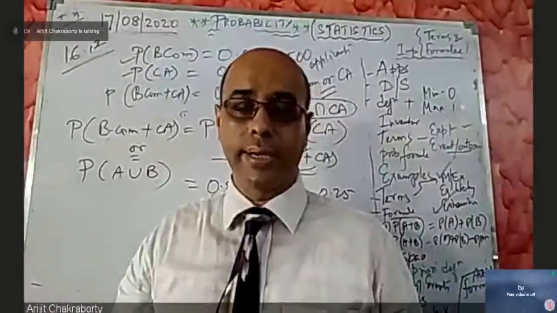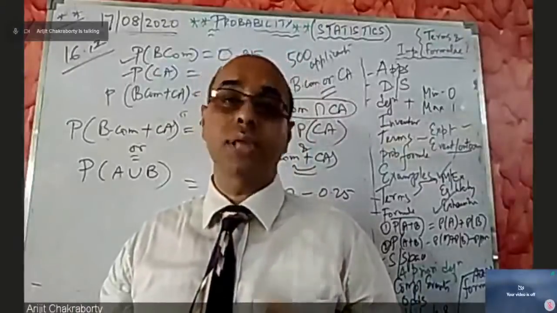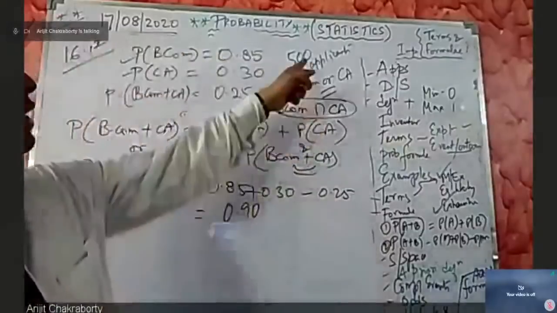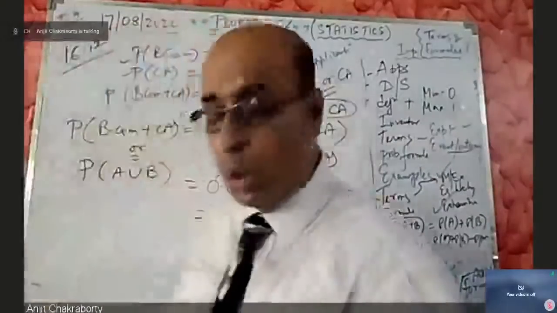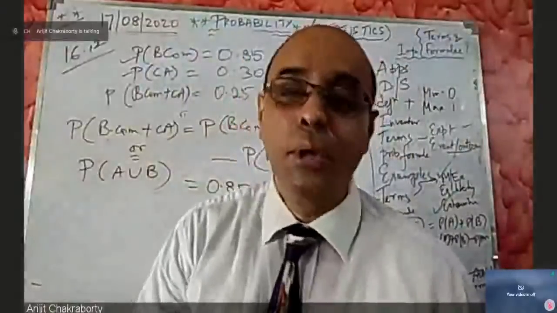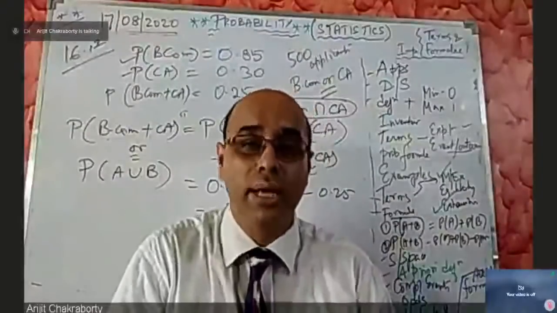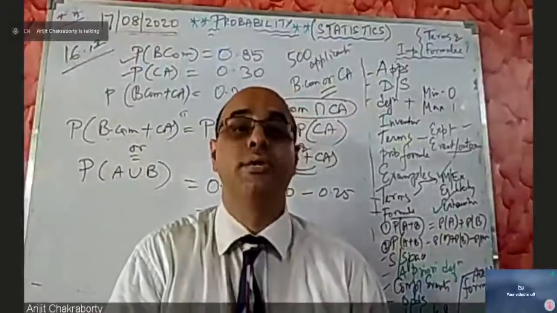Very good. Excellent. But the question here is how many applicants will be there with such a background? Now we have 500 applicants. So the frequency, and I am using a statistical term, frequency, because all of you have understood what frequency is. You must have done histograms, polygons, frequency polygon, cumulative frequency.